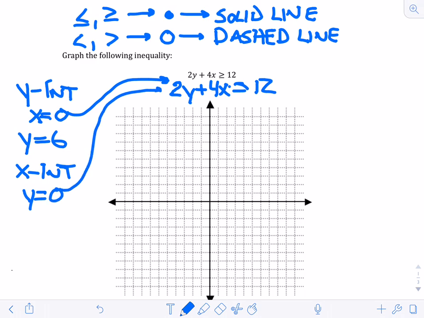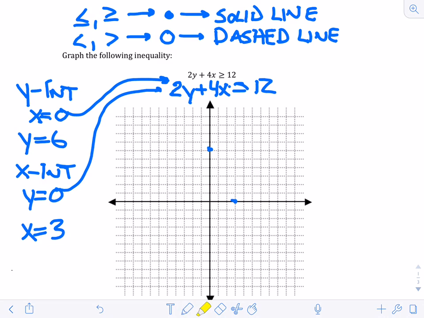Plug back into our equation. We solve for x, and we get that x is equal to 3. Now we come on our graph, and we plot those points. Now that we've got those 2 points plotted, we would be able to draw our line in the equality case, where 2y plus 4x is equal to 12.